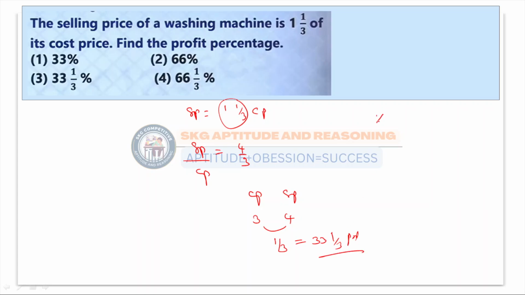Otherwise, you can also use profit percentage as (SP minus CP) divided by CP. Here CP was 3 parts and SP was 4 parts. If we substitute the values, we also get the same answer, 1 by 3 into 100, that is 33 1 by 3 percent profit.